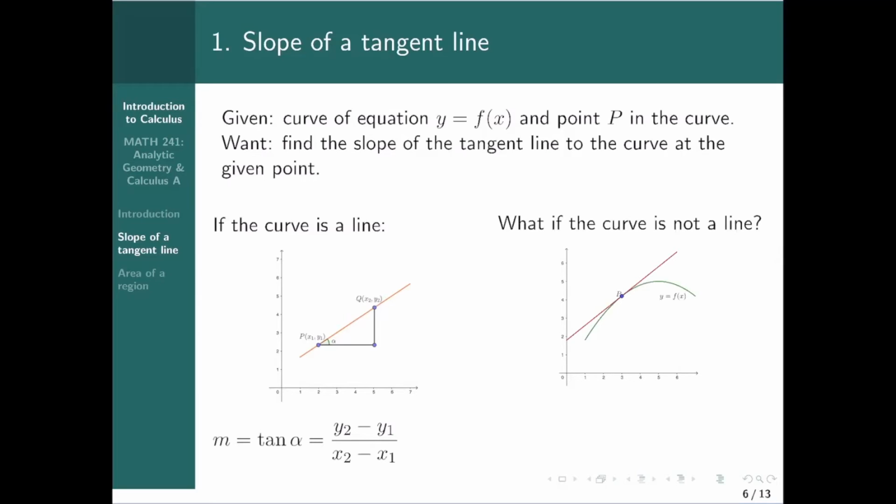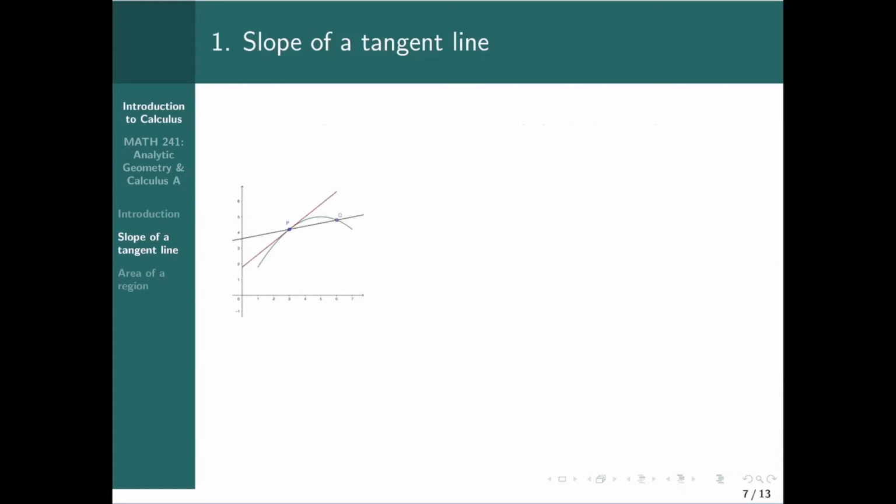Well, what happens if the curve is not a straight line? We have the point P in the curve, but there is not an obvious way to find a second point Q in the line so that we can evaluate the slope. So what we do is the following.